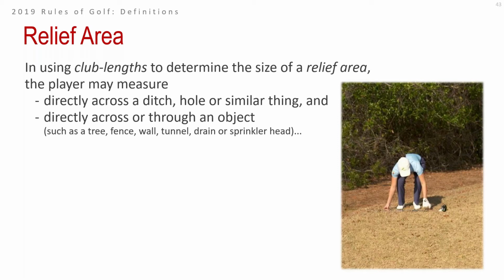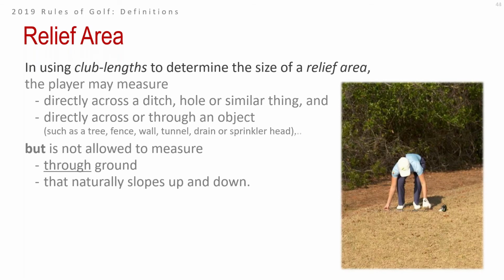Those inches that you might gain by measuring through a hill are not taken into effect. The topography of the course is measured with those club lengths. Just like I said in that previous comment, it's not measured through the ground, but along the ground that naturally slopes up and down.